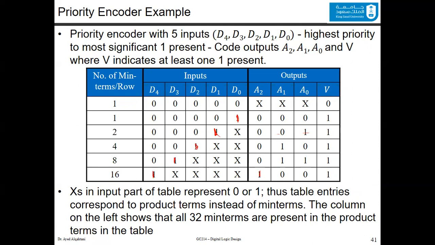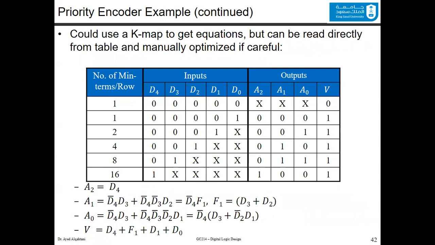Now, to get the equation for the outputs V, A0, A1, and A2, you can get them clearly. For example, for the valid, you will get the ones here and you look at the table. Here you will have D0, since you have D0 here, or D1, or D2, or D3, or D4.